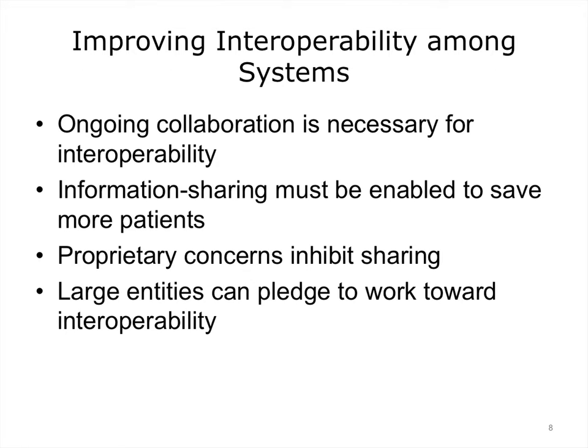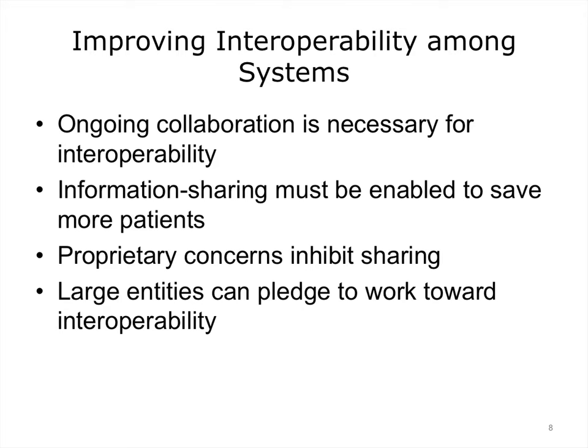According to HIMSS, interoperability describes the extent to which systems and devices can exchange data and interpret that shared data. For two systems to be interoperable, they must be able to exchange data and subsequently present that data such that it can be understood by a user. As such, ongoing collaboration is necessary for interoperability.